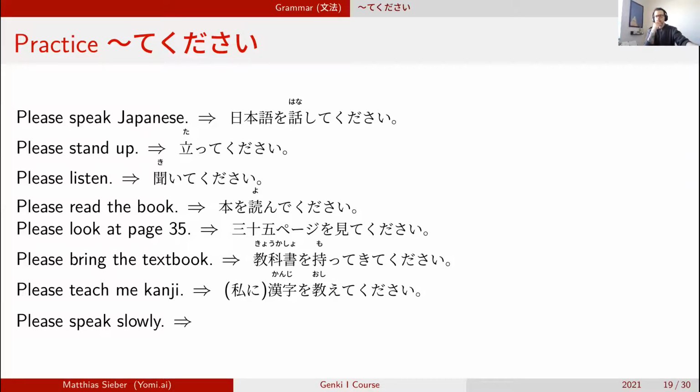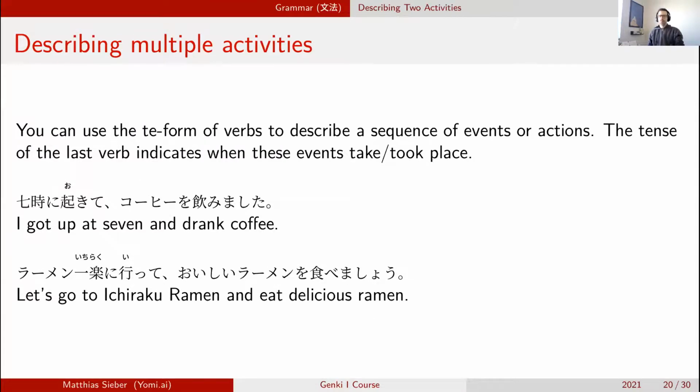With... So hanashite yukkuri kudasai? Or yukkuri, or is it reverse? Yeah, yukkuri and then hanashite kudasai. Very good. Yukkuri hanashite kudasai. Very good.